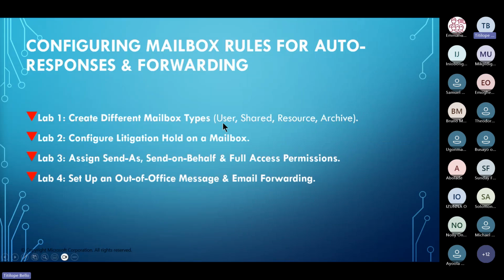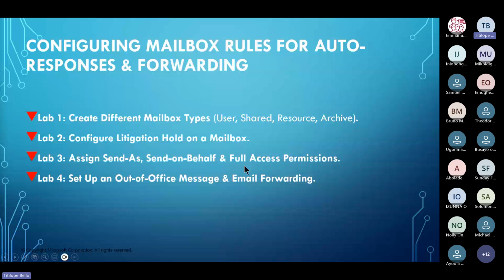But these are a few things that we're going to be doing. We'll create different mailboxes and check some of their properties and archive, right? And then we'll configure litigation hold on the mailbox. From what I'm seeing, we can't finish everything today, but we'll see if we can finish one at least or two and continue the rest tomorrow. Then we'll assign again, send as tests.